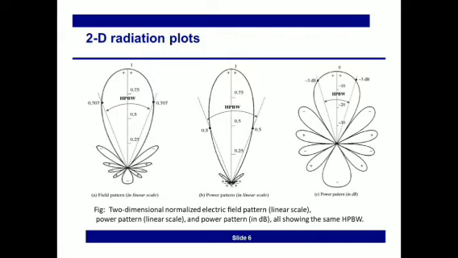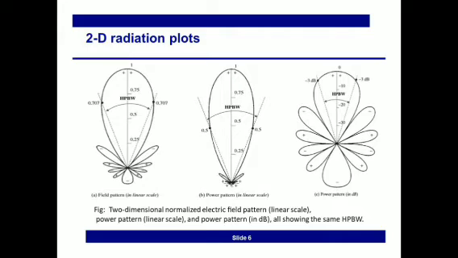Now this half power beam width can also be found from the power pattern, but in this case, since the power density of the wave is proportional to the square of the electric field, the power density reduces to half of its maximum value, since the square of 0.707 comes to 0.5.